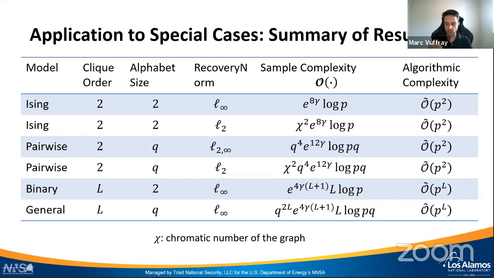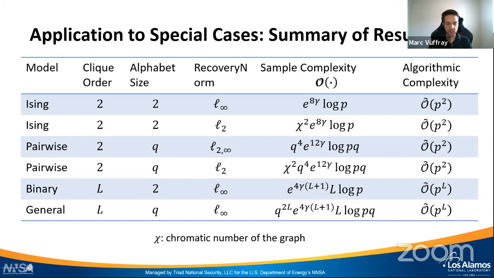So for this generalized eigenvalue of the Fisher information matrix, you have to look at what it is in these different problems. But we have a recipe to do it and plug it back into the general theorem to see that indeed for all of these different models, you have a log p dependence, where p is the number of variables, and single exponential dependence in the bias bound gamma.